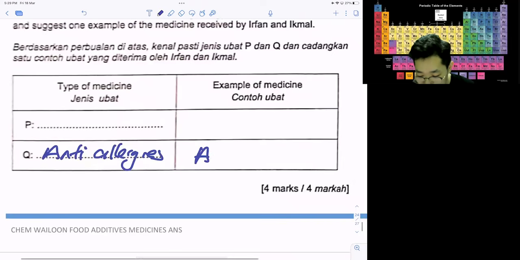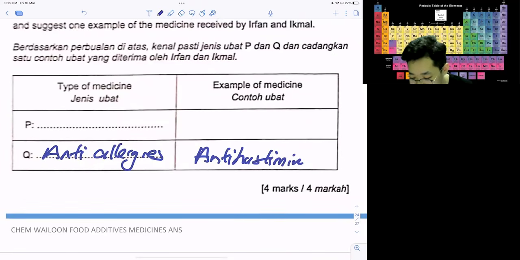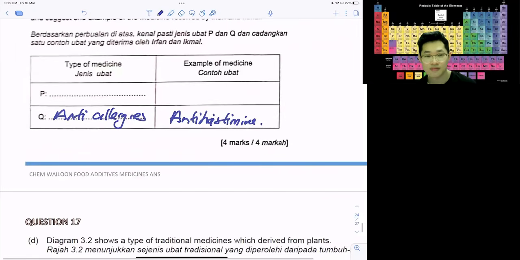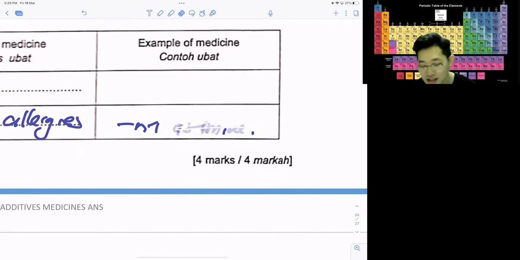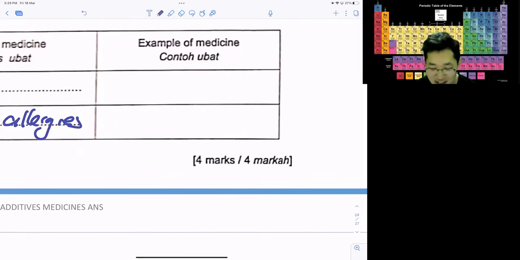Example would be the antihistamine. Histamine. Oh, okay. Sorry. Oh, okay. Well, you can read my handwriting very well.